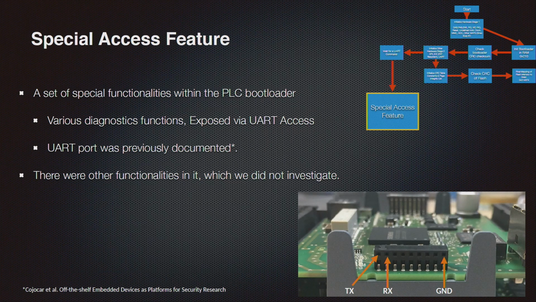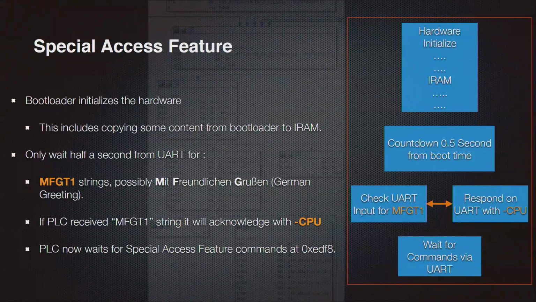And then I was asking, what is all the other code about? That just feels like too much code for what I understand it to do in a normal boot up case. So what actually happens here, and then I identified this functionality, is that on boot up, it would initially wait for a specific string over UART, which is MFGT1.